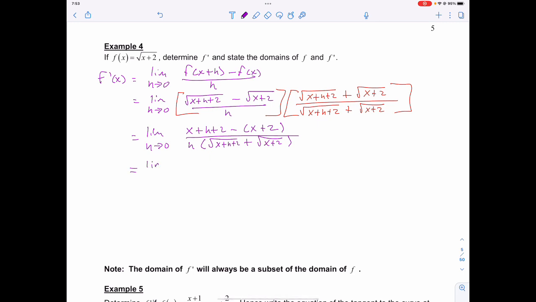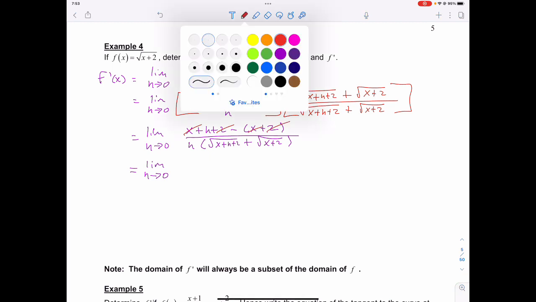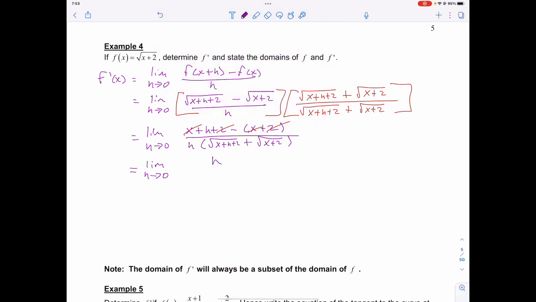That's going to leave me with the limit as h approaches 0 of x minus x is going to cancel out, 2 minus 2 is going to cancel out, and I just have a numerator of h.